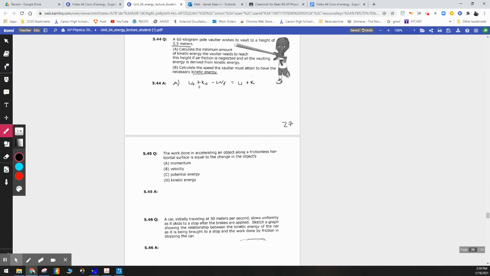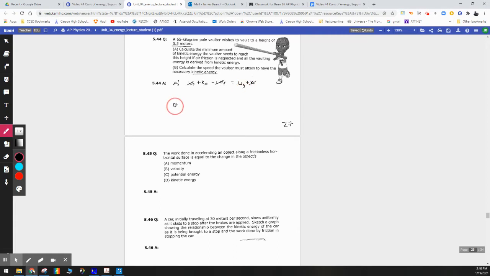This is going to be 0, that's going to be 0, this is going to be 0. So it looks like we can find kinetic energy from here. We have to figure out what this is here. This is gravitational. From here, we should be able to solve for the initial kinetic energy.